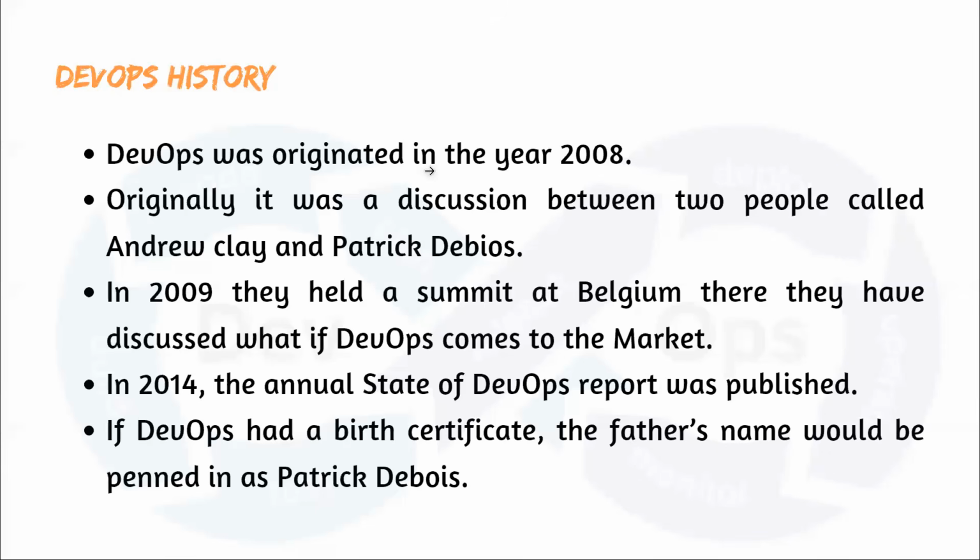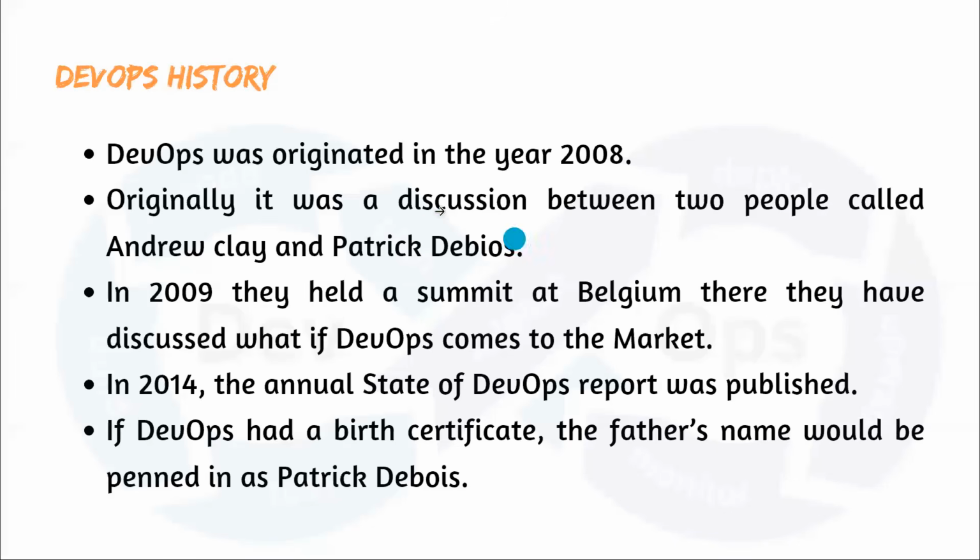Similarly, in the IT industry, 2008 has lots of importance. Because DevOps came into the market, the Netflix AWS collaboration started, which means the cloud market rose at that time, Google's official language Go came into the market, and Tech Mahindra also started in the same year.